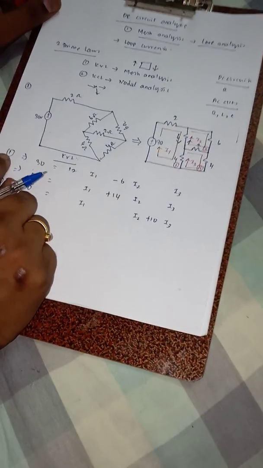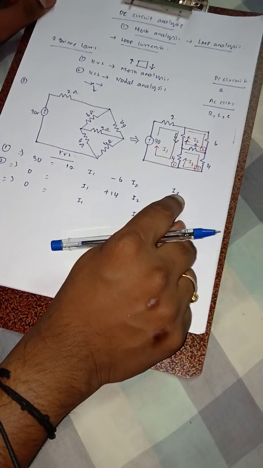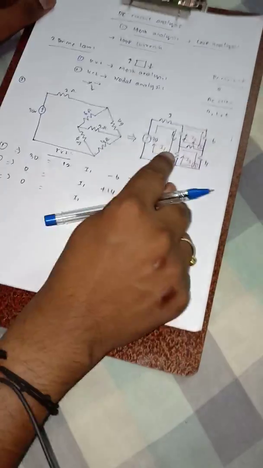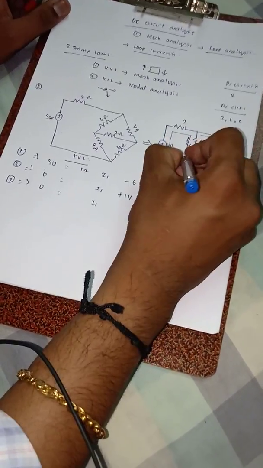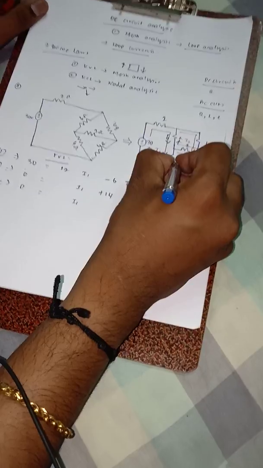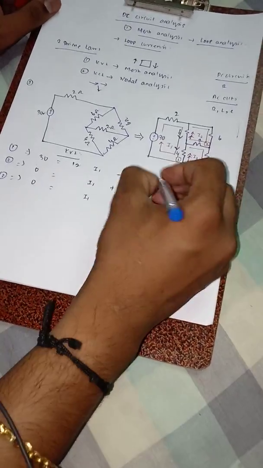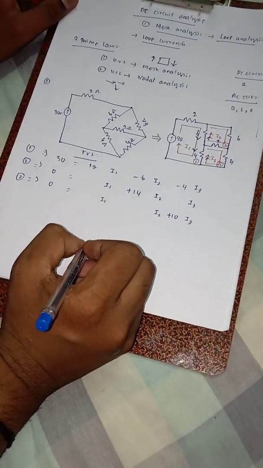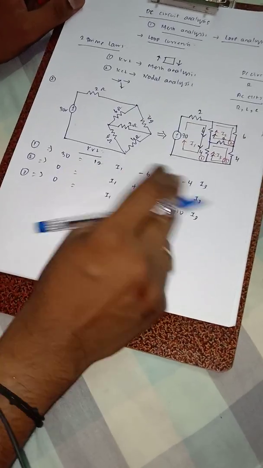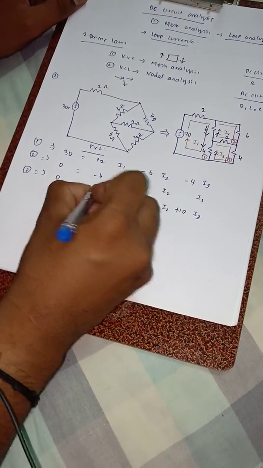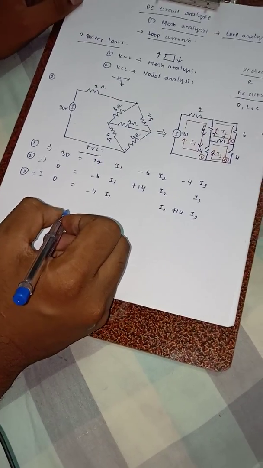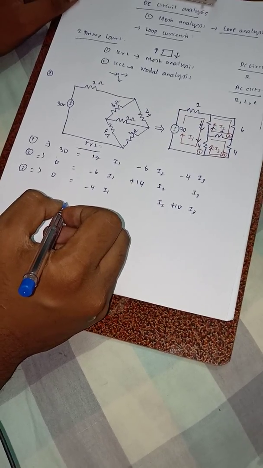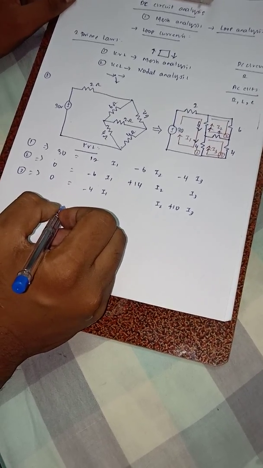Between loop number 3 and loop number 1, the resistance that is present is your 4 ohms. So this is downward, and this is upward. Both are in opposite direction, so you can write it as minus 4. You rewrite these two values here, minus 6 and minus 4, because this matrix is a completely symmetric matrix.